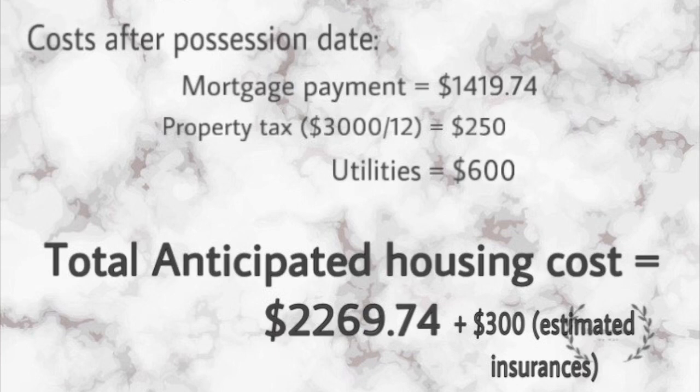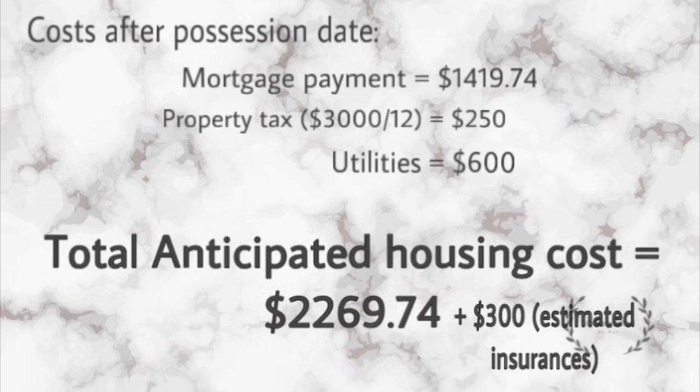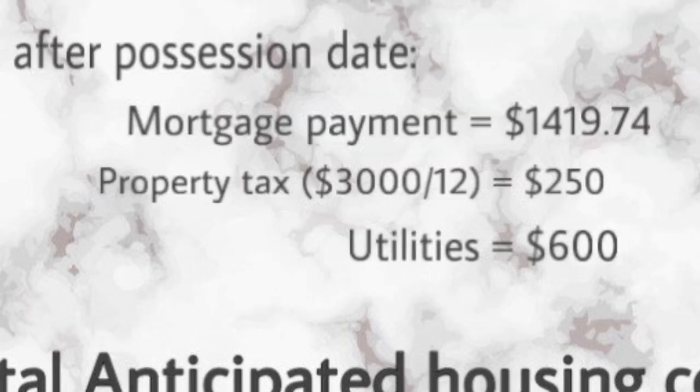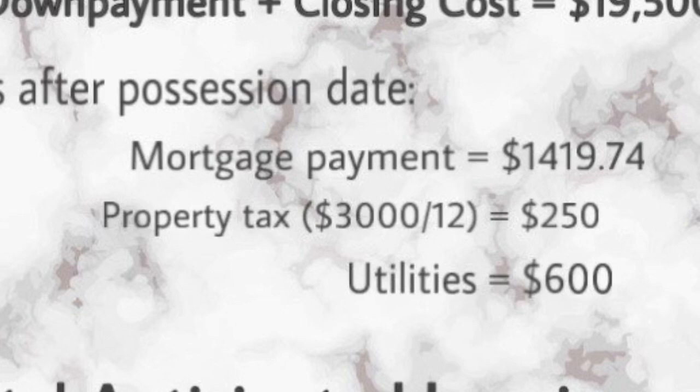So, meron kayong mortgage payment, na-calculate natin siya at $1,419.74. For the sake of calculation ng property tax, we will use 1%, no? Kasi yung kaninang property na tiningnan natin, 209,900 lang yung value niya, pero 2,800 plus ang kanyang property tax. So, i-estimate lang natin ngayon yung sa 300,000.